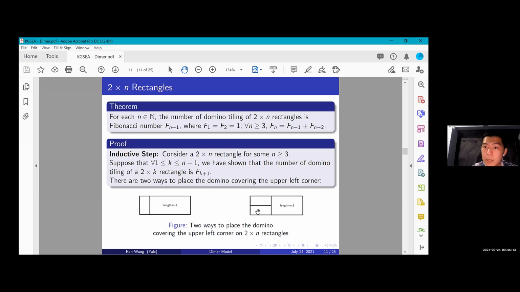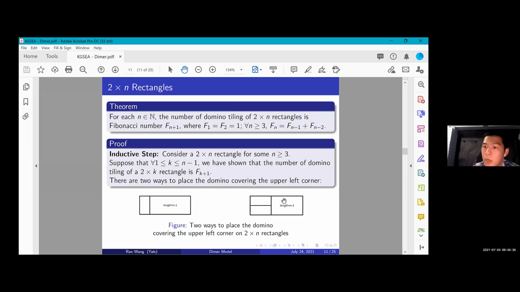We can place a vertical one or a horizontal one, but we cannot place the vertical one since this corner is covered by this horizontal domino already. So we are forced to place a horizontal one here. And then the rest of the rectangle becomes of length n-2.